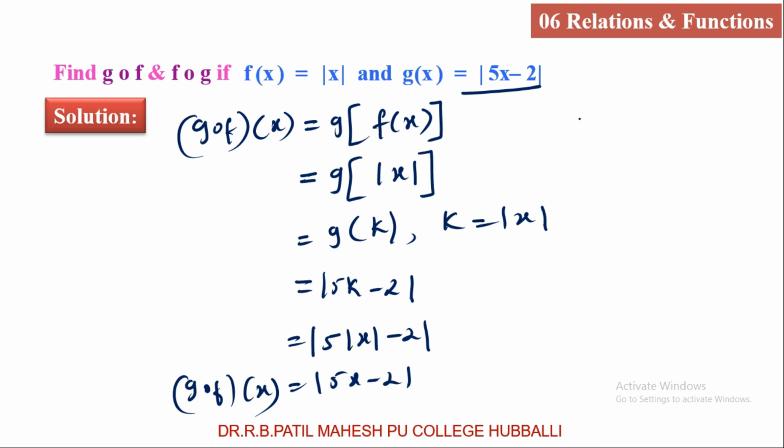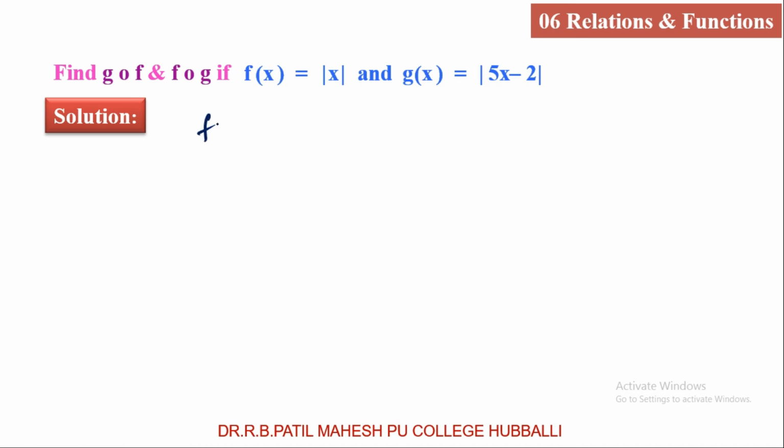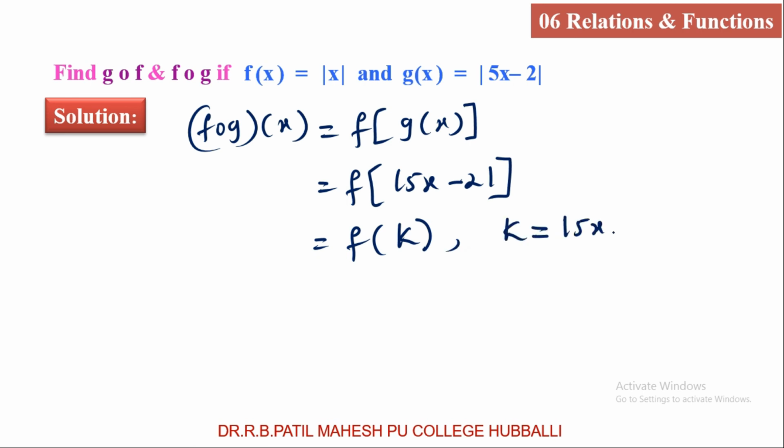Now let me take f composition g. f composition g of x is equal to f of g of x, as the definition says. Now I have to replace g of x, that is mod of 5x minus 2. And now to simplify, I will take it as f of k, or t, anything you can take, where k is mod of 5x minus 2.